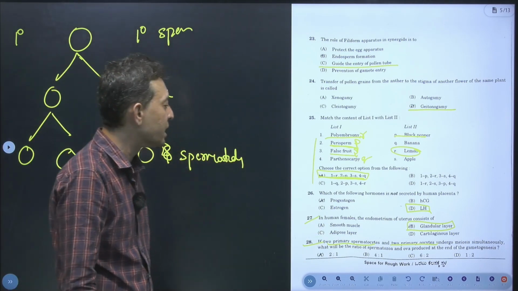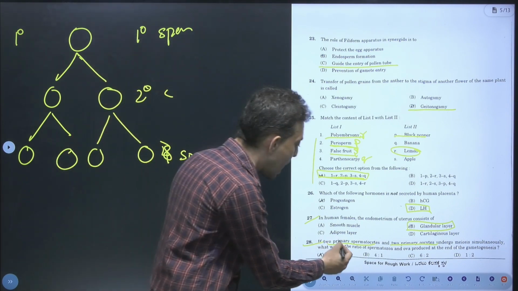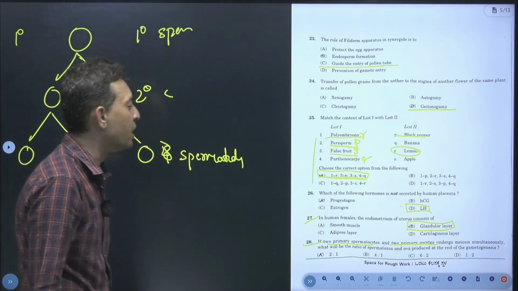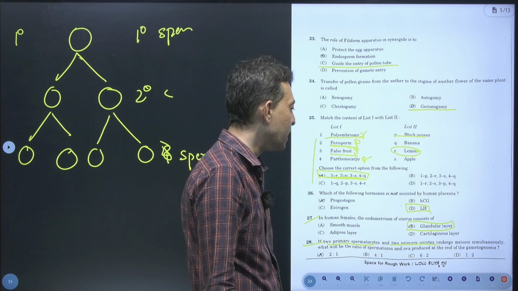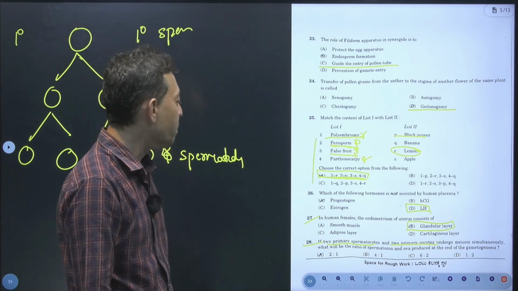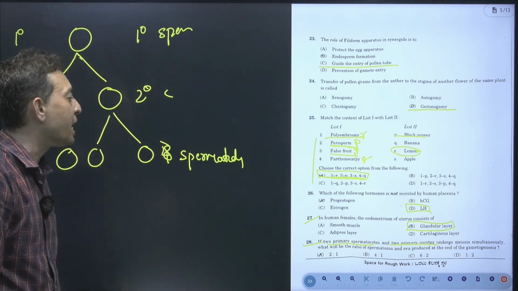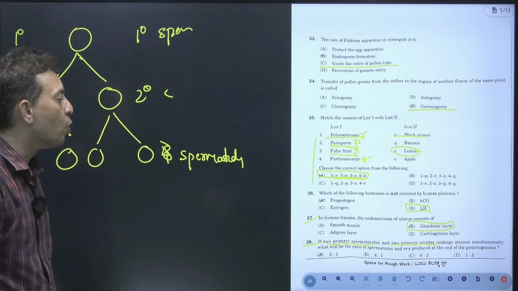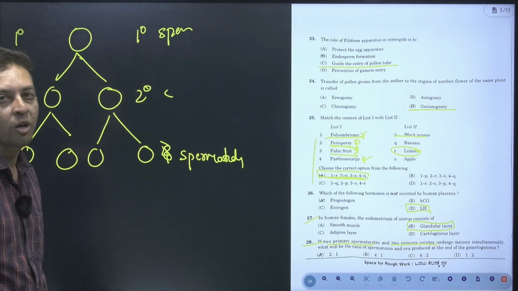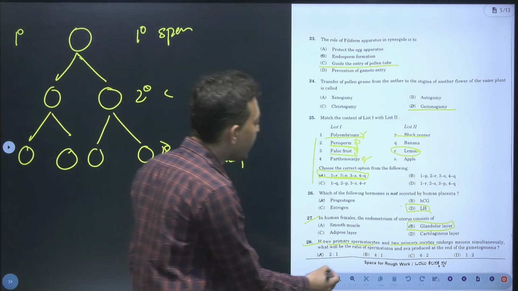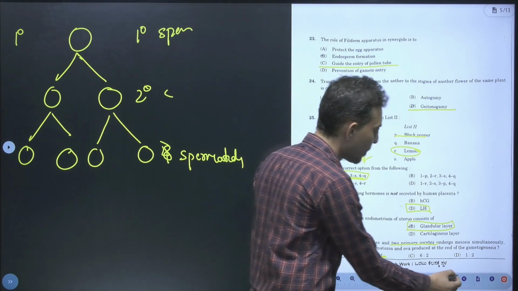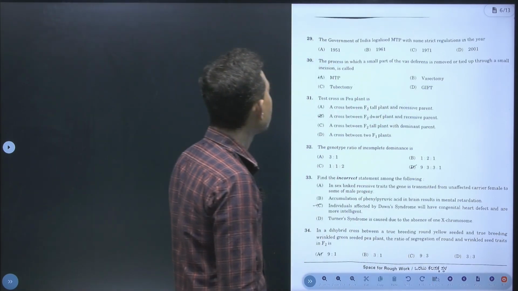So here we can see 2 primary spermatocytes and 2 primary oocytes. If they undergo meiosis simultaneously, what will be the ratio of spermatozoa to ova produced at the end of gametogenesis? So here we can say it is 4:1. 4:1.